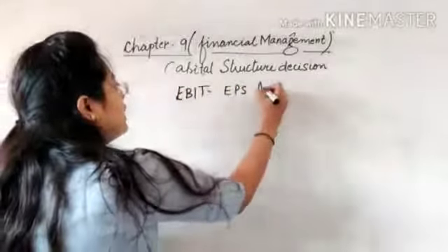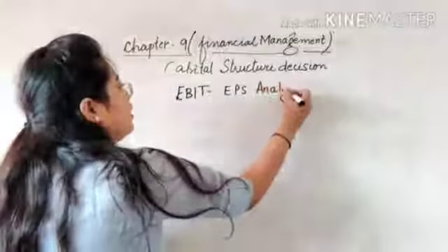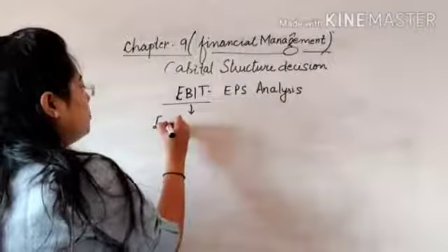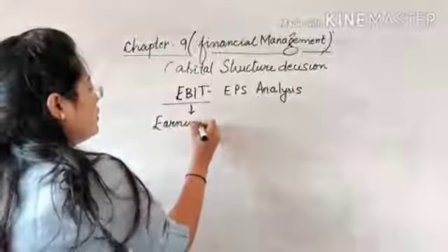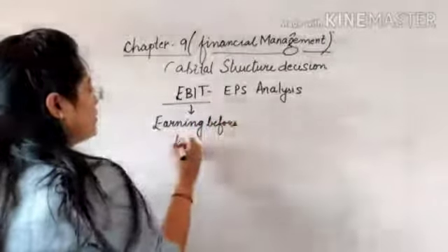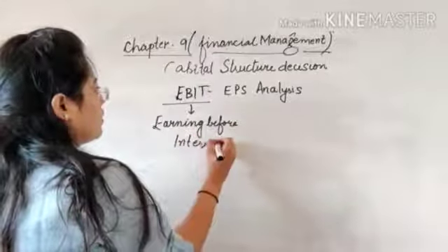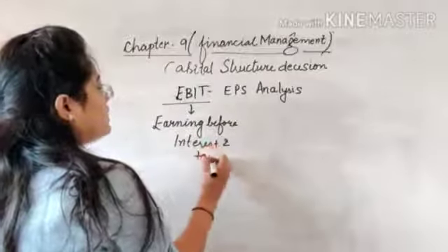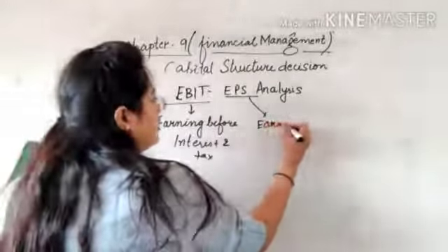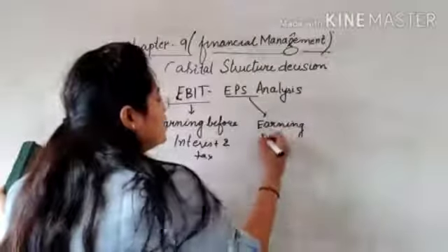EBIT means earning before interest and tax. EPS means earning per share.